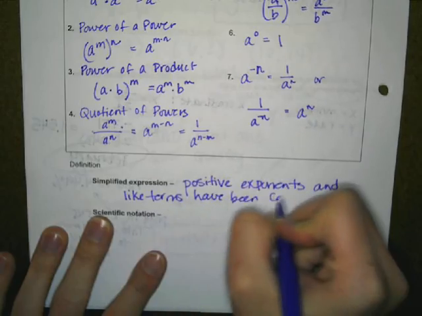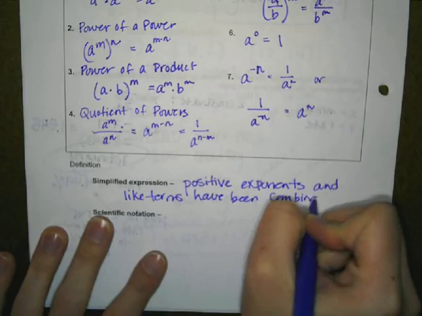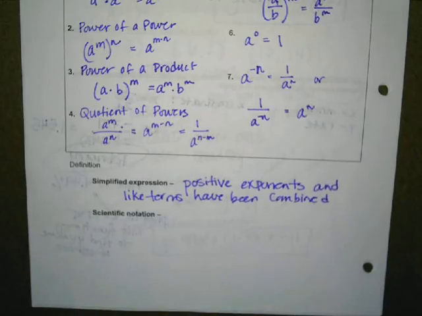Now, when I say like terms, I use that term loosely, because like terms in this case is that if you have a fraction, you have x terms on the top and x terms on the bottom, you need to somehow get those together so you only have one x term. That's what I mean by that.